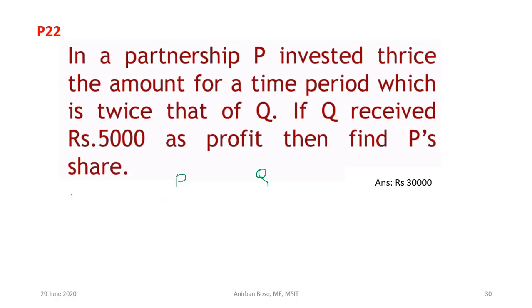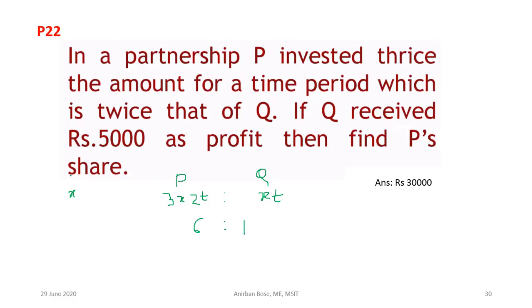Suppose the amount is X. So P invested 3X and Q invested X, and for time, let us consider Q invested T time, then P invested twice of T. So this is the ratio. XT will cancel, so the ratio is 6:1.